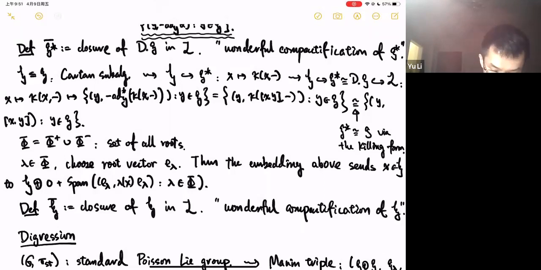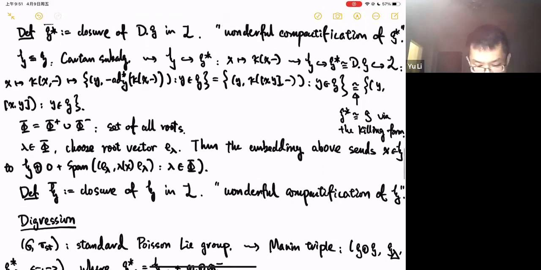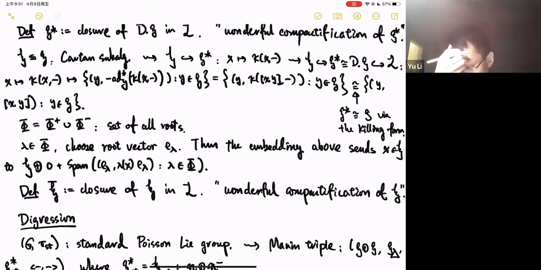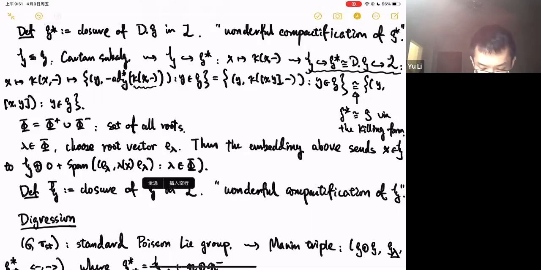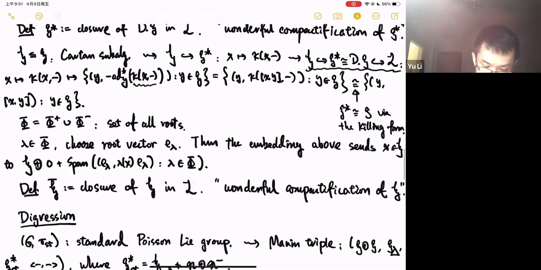So I take h to be a Cartan subalgebra of g. I embed h into g star by the Killing form. So then I have an embedding of h into L, just this composition here. And if you follow all the definitions above, you will see that we first send x to kappa of (x, blank). And then this goes to the graph of the coadjoint action of kappa of (x, blank).